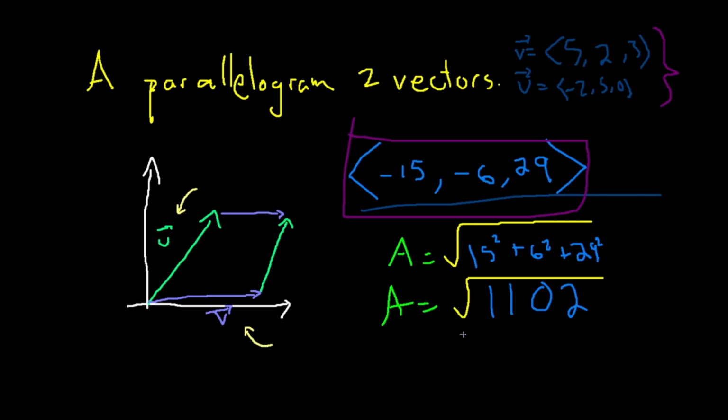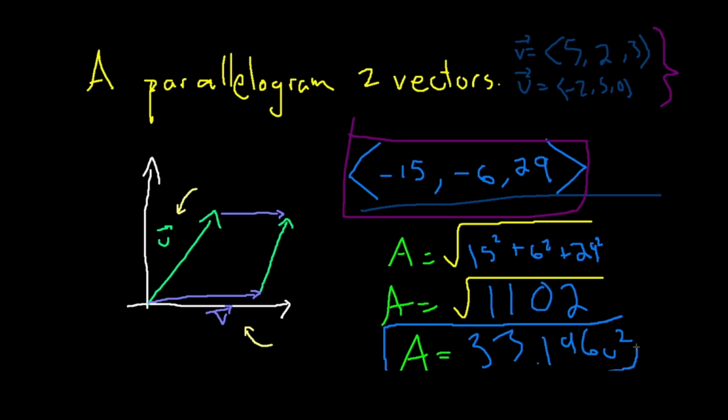And the square root of that is 33.196 units squared. And that's how you find the area of a parallelogram using two vectors.